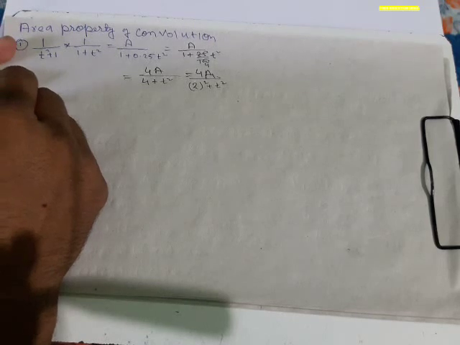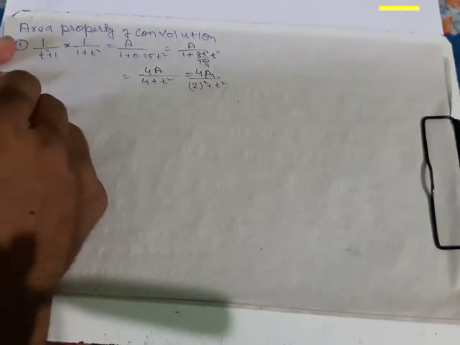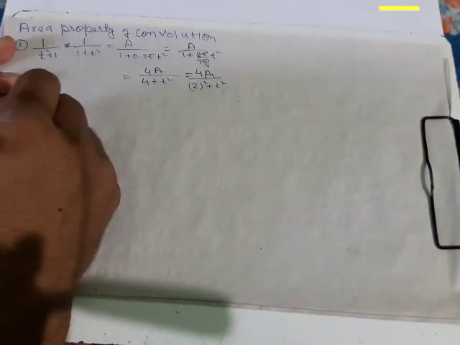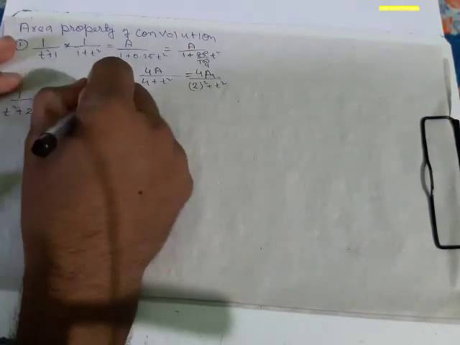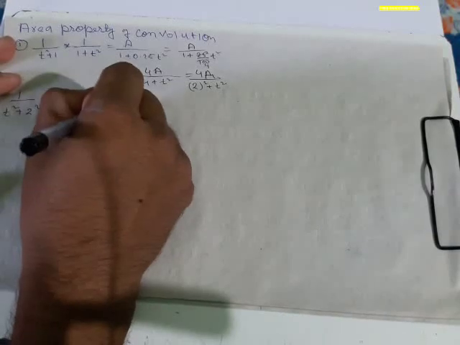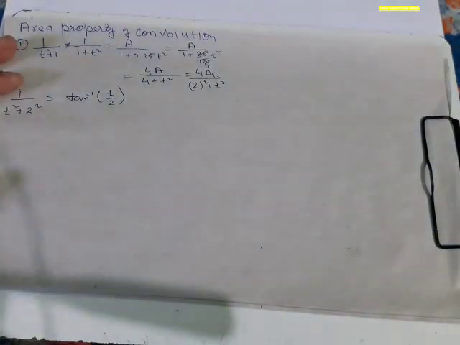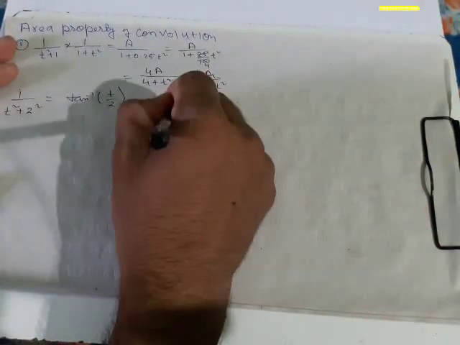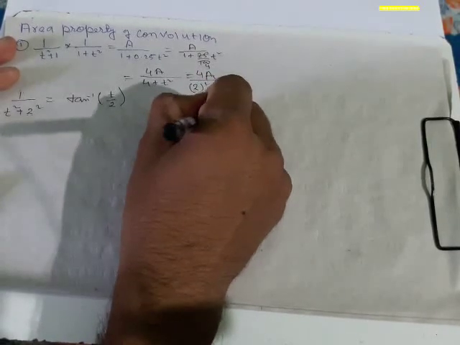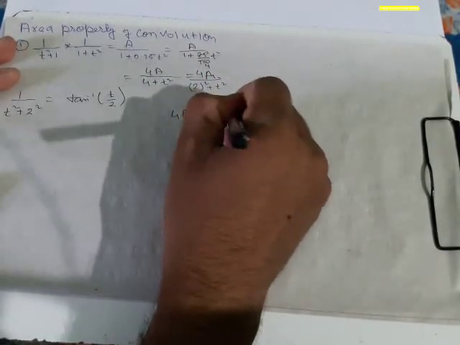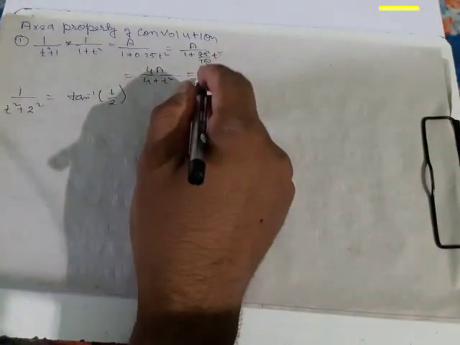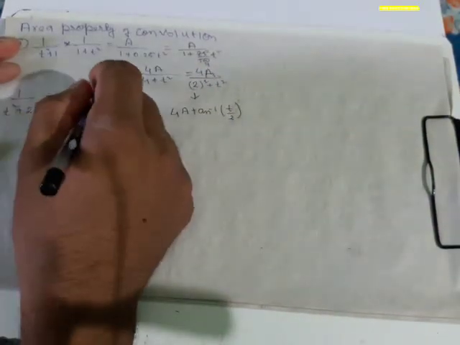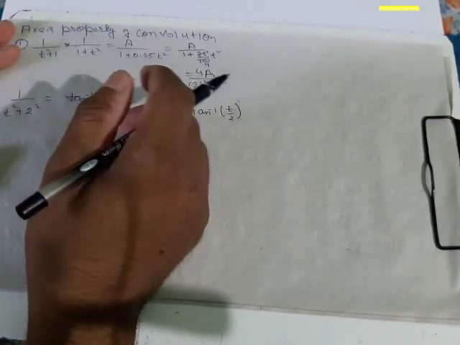Tan inverse of 1 by 2, that is nothing, actually the formula is, because we know from the area property that 1 by x square plus a square is nothing but 1 by a tan inverse of x by a.